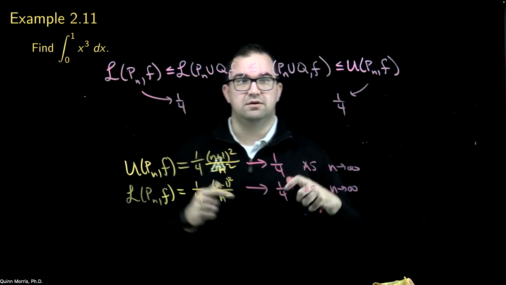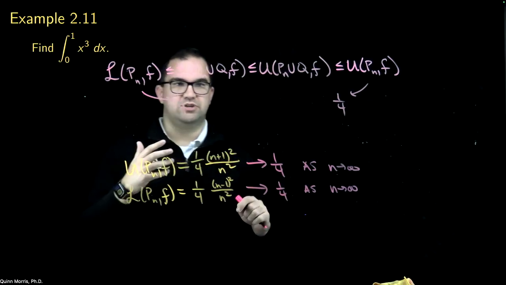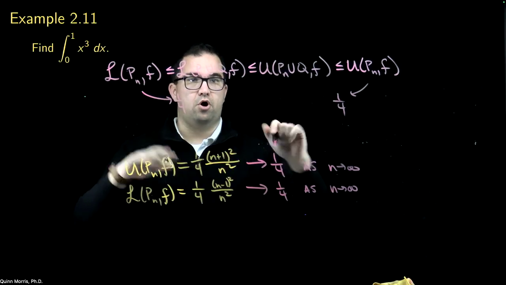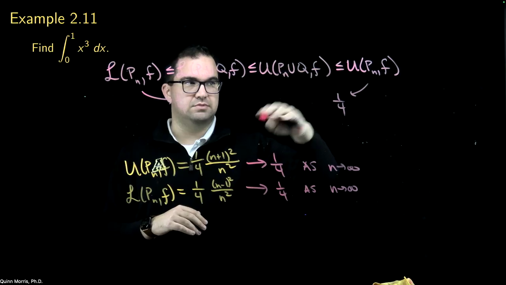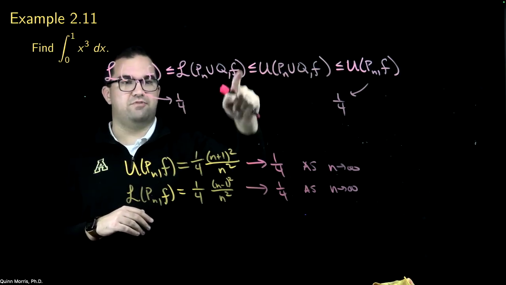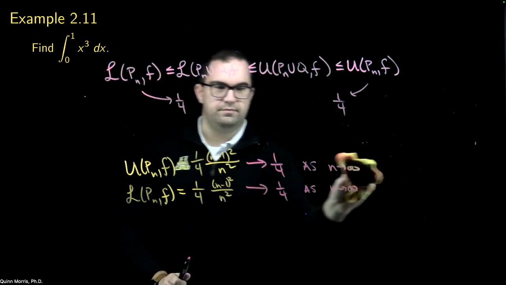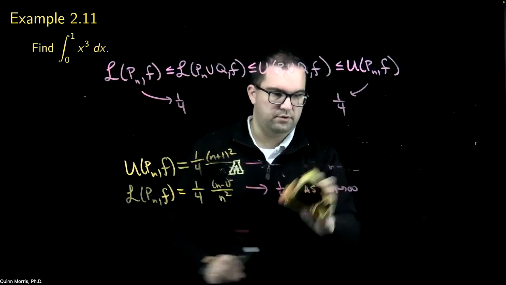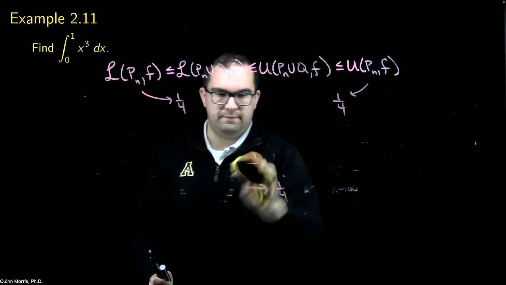They're being squeezed to 1/4. And so as you take the infimum over arbitrary partitions, the infimum of the upper sums is being squeezed to 1/4, and the supremum of the lower sums is also being squeezed to 1/4. And so we end up with the result that we want.